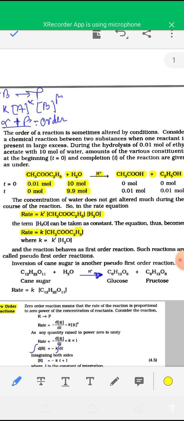This is because in this reaction the concentration of water is very high. So you can take the concentration of water as a constant.